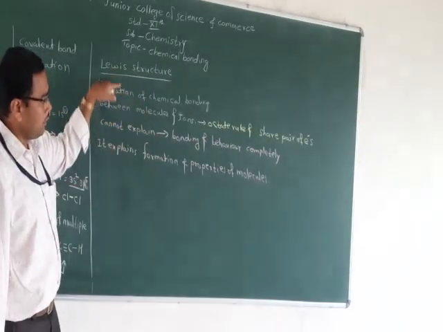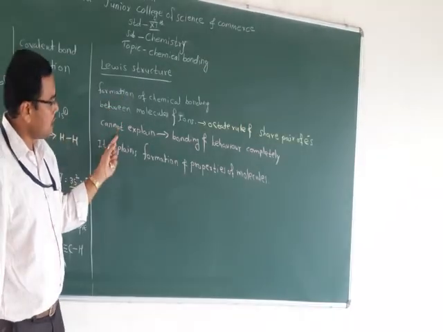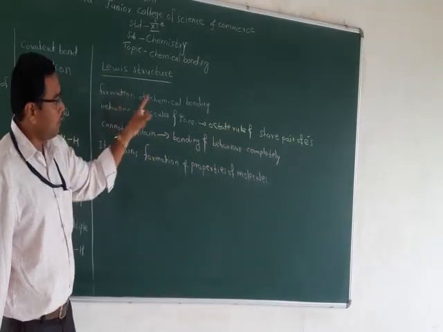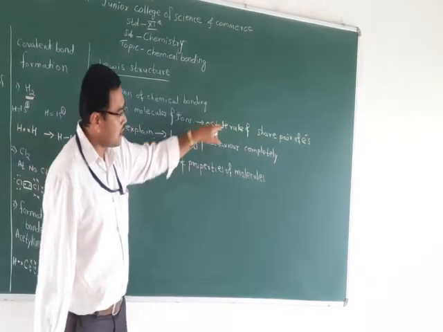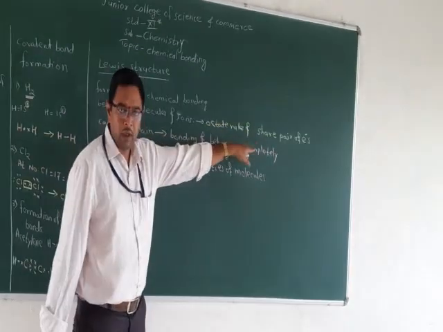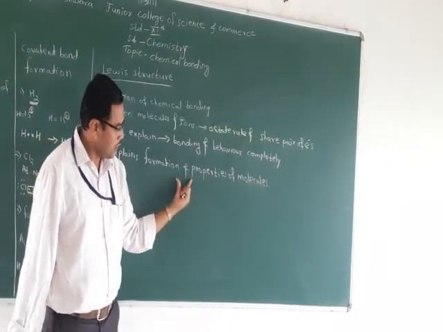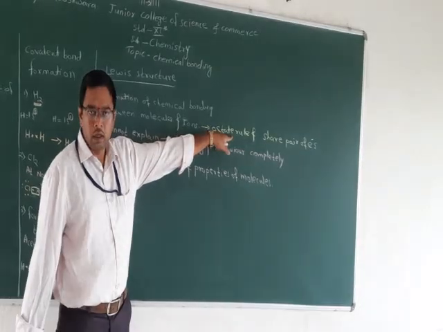This is about the Lewis structure. It cannot explain the bonding and behavior completely, but the formation of chemical bonding between molecules and ions is explained on the basis of the octet rule and shared pair of electrons, and it also explains the formation and properties of the molecules on the basis of these two concepts.